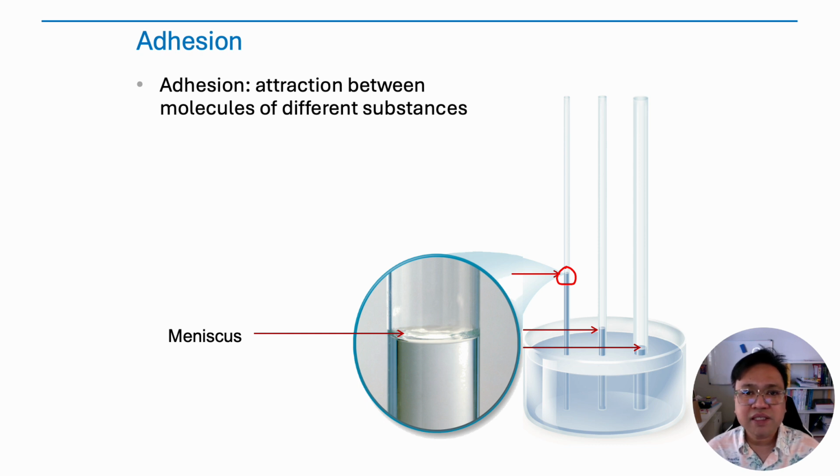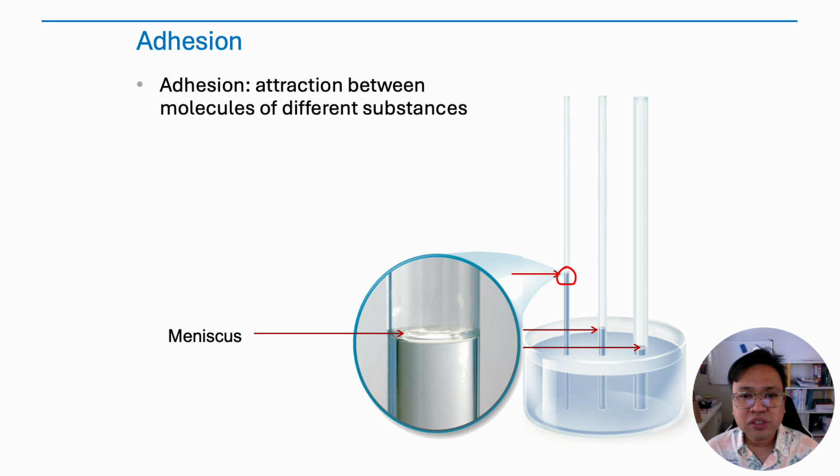When water is placed in a glass container, the adhesive forces between the water molecules and the glass are stronger than the cohesive forces between the water molecules. This causes the water to climb slightly up the sides of the container, forming a concave meniscus. It means curved down in the middle and upward along the edges.